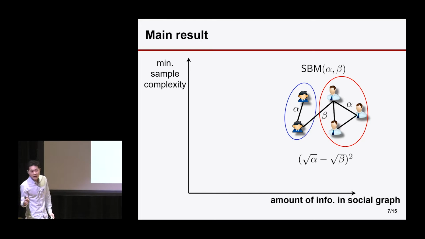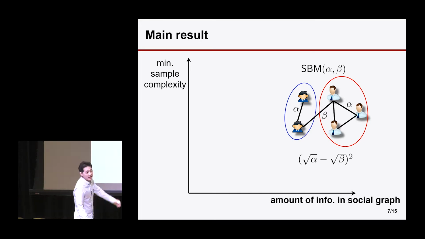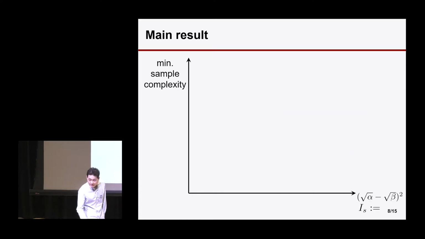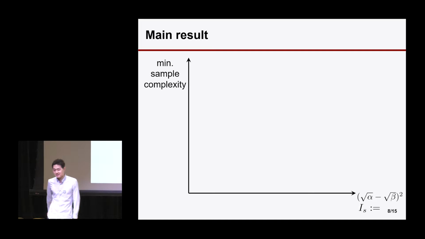Then we can view this distance as a kind of quality of the graph, meaning that we can view this as the amount of information that can be extracted from the social graph. So this motivates us to adopt this as the amount of information in the social graph. I denote this simply by IS, information of social graph, IS.